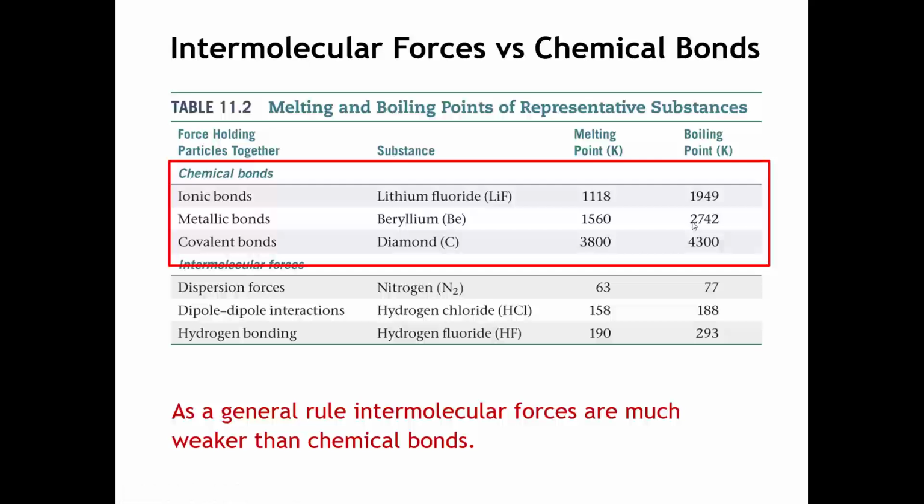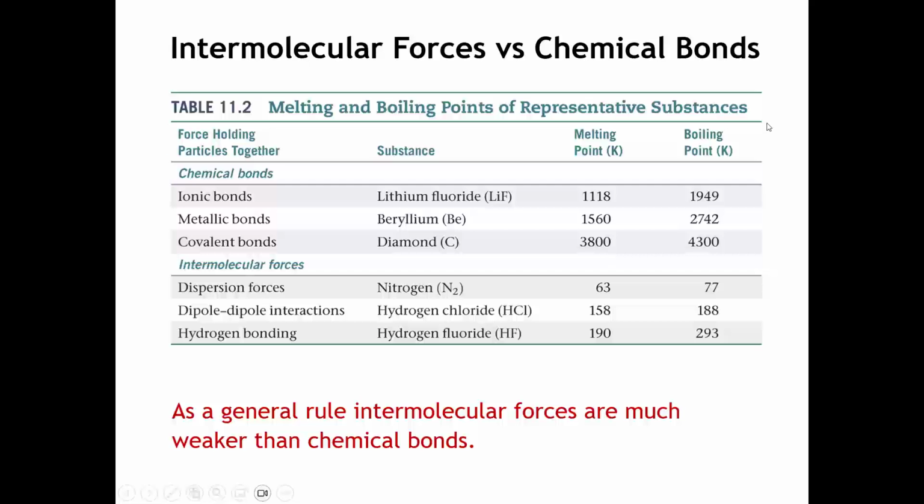And so this is telling us that the metallic bonds that hold the atoms together in beryllium or any metal are quite strong. And then if we look at a class of solids which are called network covalent solids, like diamond or silicon, in those structures there is a nearly infinite network of covalent bonds holding all of the atoms together. And you can see that the temperatures needed to overcome those bonds is incredibly high. Okay, so chemical bonds, very strong. Intermolecular forces, generally much weaker.